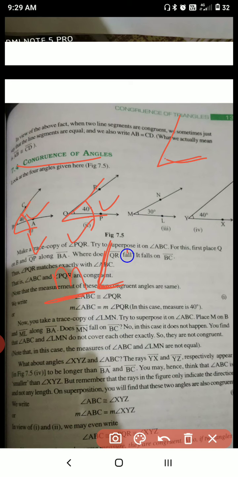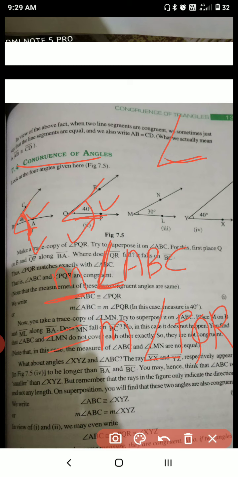Your angle is ABC, so B should be in the middle part, equal to the measurement of angle PQR. Here your angle is Q, so Q will be in the middle, PQR.